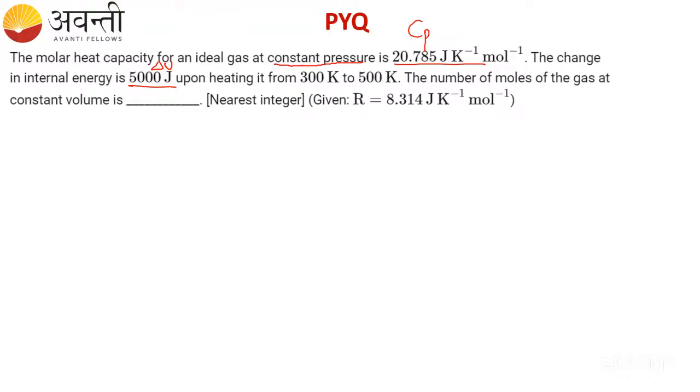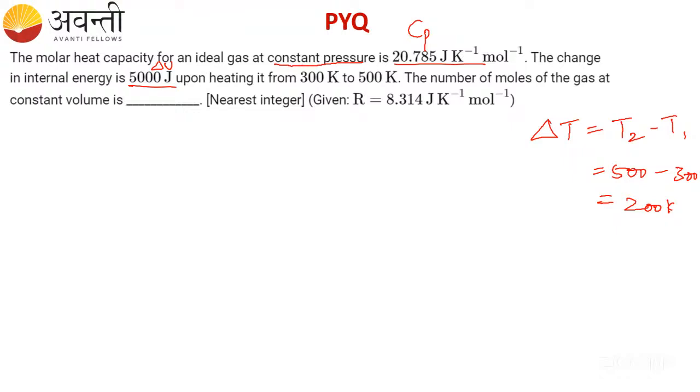So what is the change in temperature? Final is 500 and initial is 300. So delta T is equal to T2 minus T1, which is 500 minus 300, equal to 200 Kelvin.